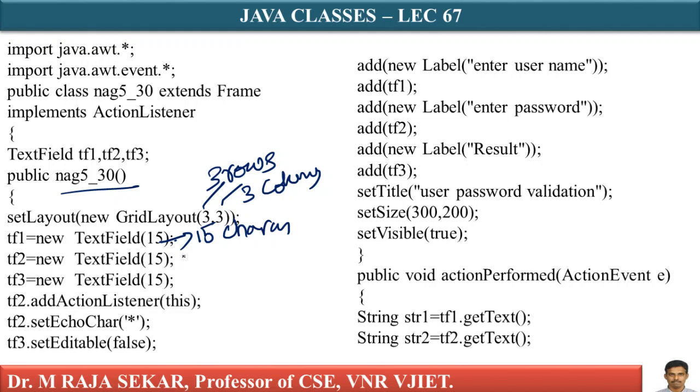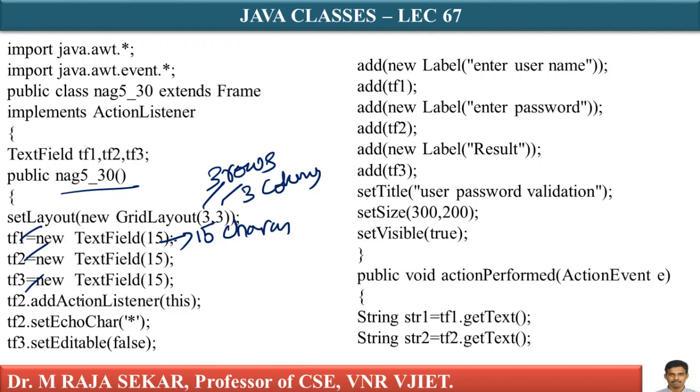How many text fields am I creating? As I told you earlier, 3 text fields: tf1, tf2, tf3. Each text field sufficient to display 15 characters is created.